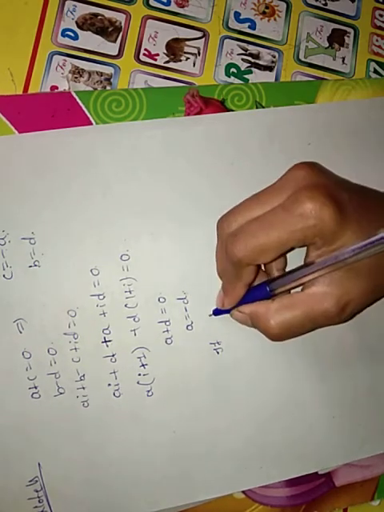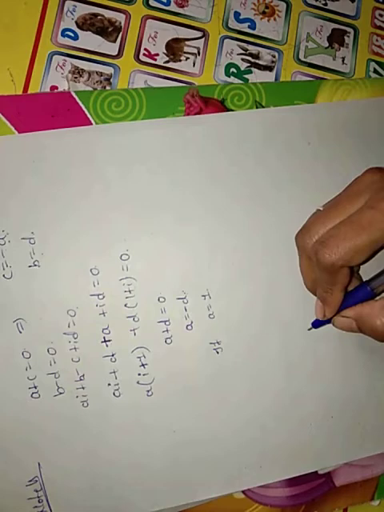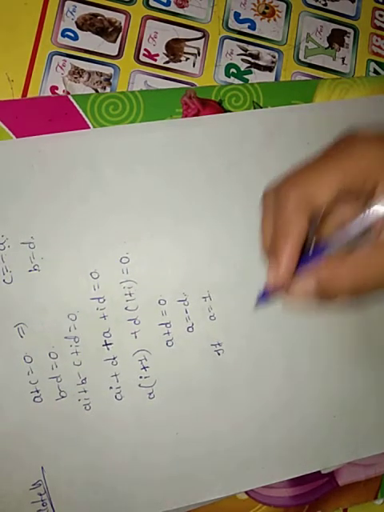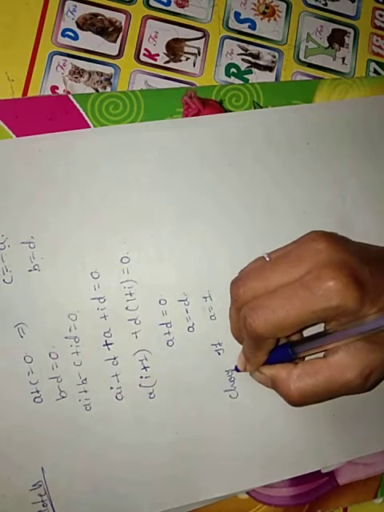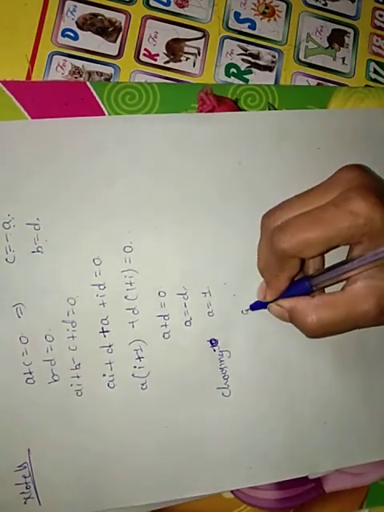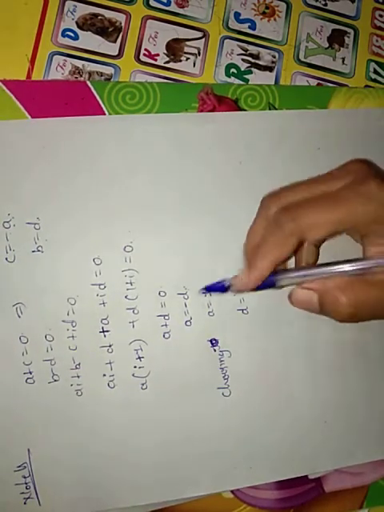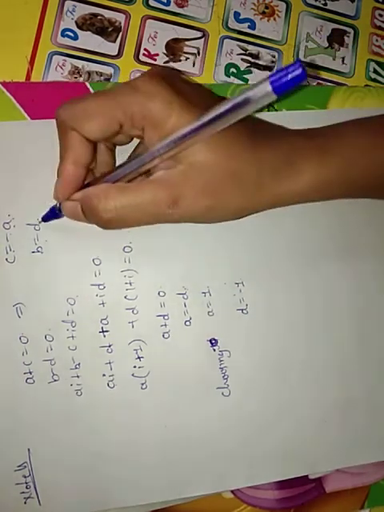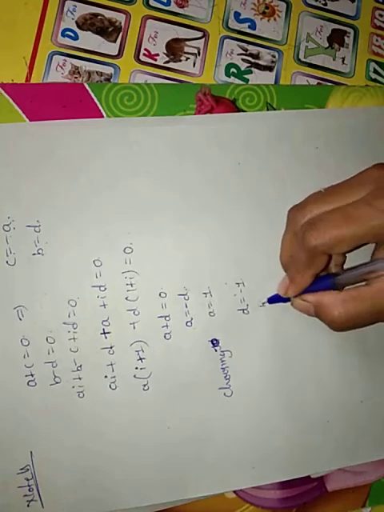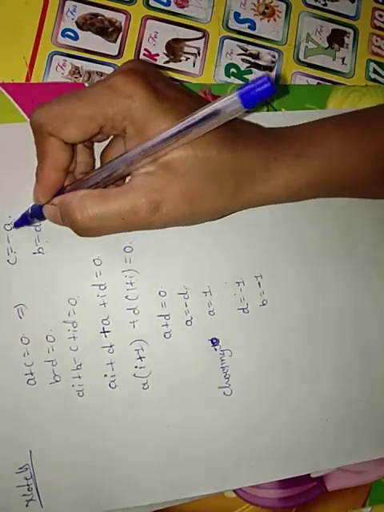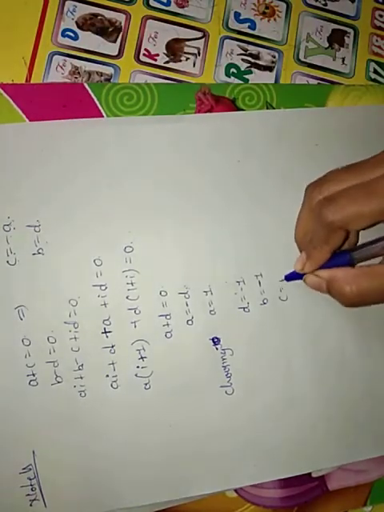If you choose a equal to 1, then d is minus 1. If d is minus 1, b is minus 1. If a is 1, c is minus 1.